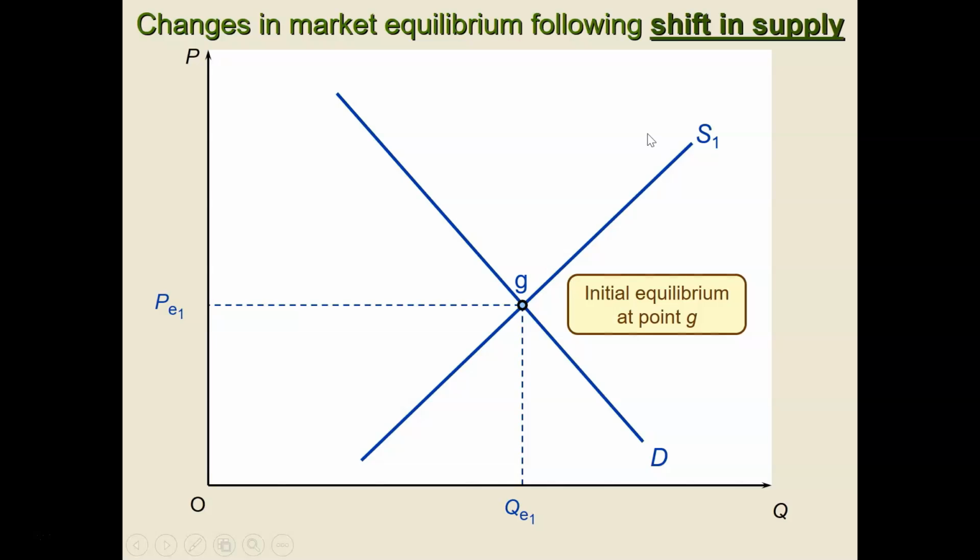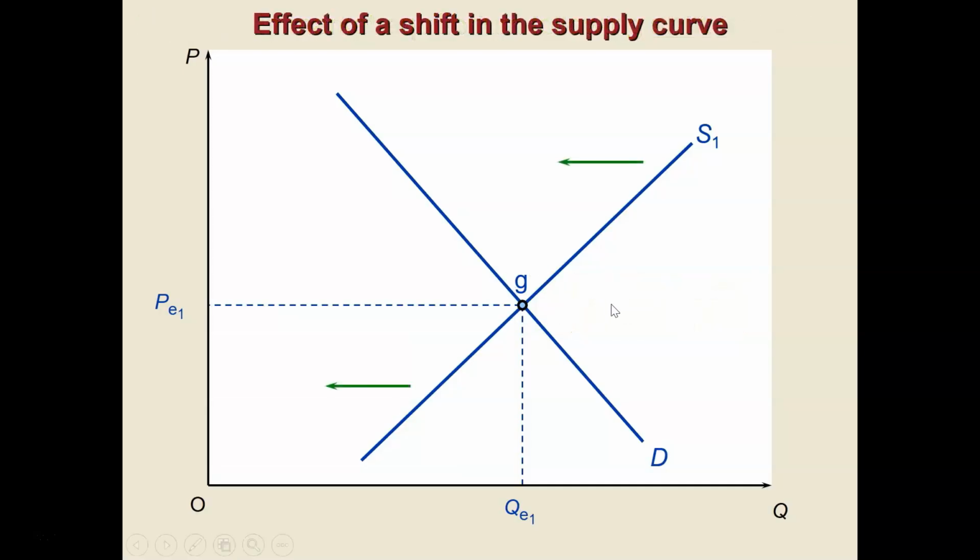What will happen if we experience a shift in the supply curve instead? Similar logic. Initially, we are located at the original equilibrium point G. Then we experience a shift in the supply curve, maybe because the cost of production is higher, or maybe because suppliers are shifting towards producing another, more profitable product, or maybe because suppliers have negative expectations about future profitability.